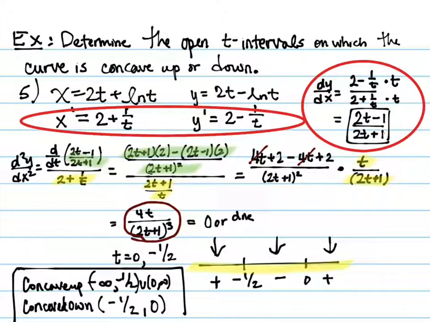If I test a value between negative 1/2 and 0, I still get the negative in the numerator, but the denominator is now positive because I have 3 positive values all multiplied. So negative over a positive is a negative. And if I test a value bigger than 0, then the numerator and the denominator are both positive, so I get a positive. So in terms of my concavity, I have negative infinity to negative 1/2, and 0 to infinity are concave up. And then from negative 1/2 to 0 is concave down.